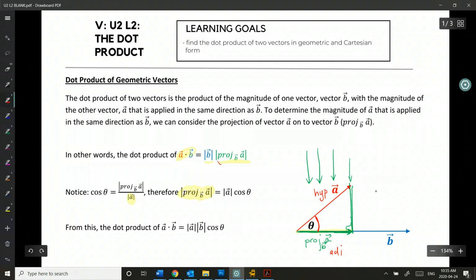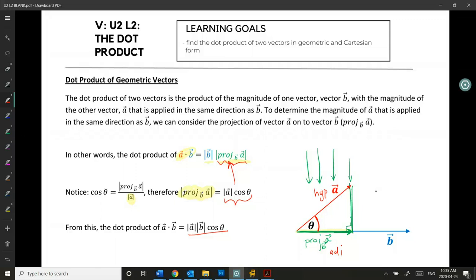So if I simply sub this in, we get this formula for the dot product. A dot B is equal to the magnitude of A times the magnitude of B times the cos of the angle between the two vectors.